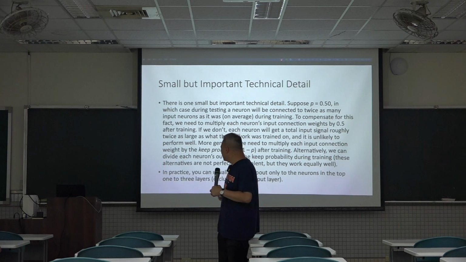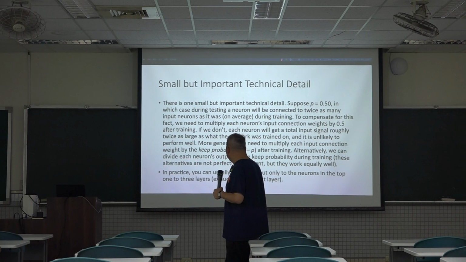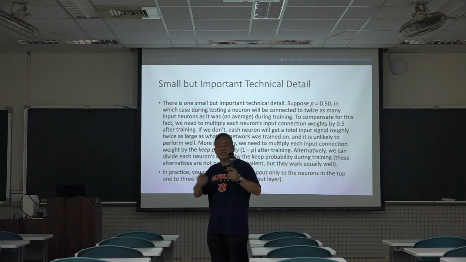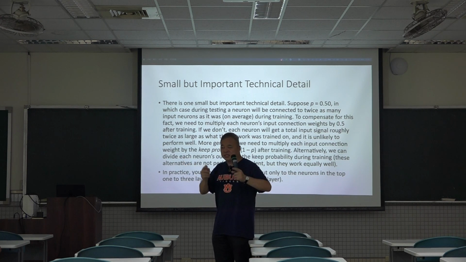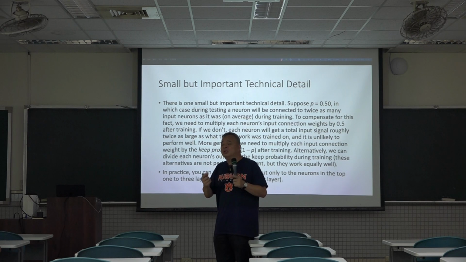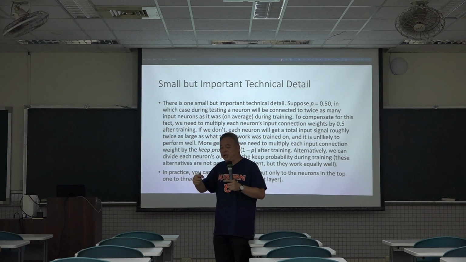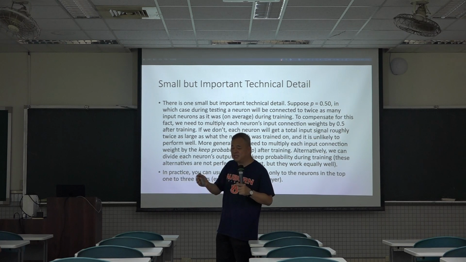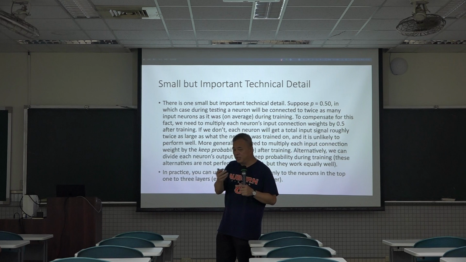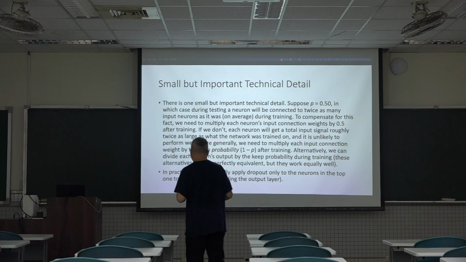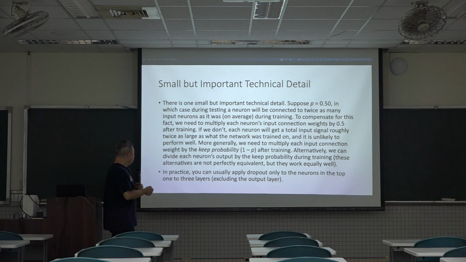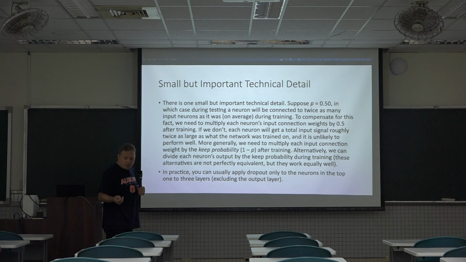When you divide the neuron's output by the keep probability, obviously you increase the size of the neural output during training. So after training, you just don't do anything, and it remains about the same scale. So that's another approach. Either way, it works just fine. But you really don't need to write the code for that.